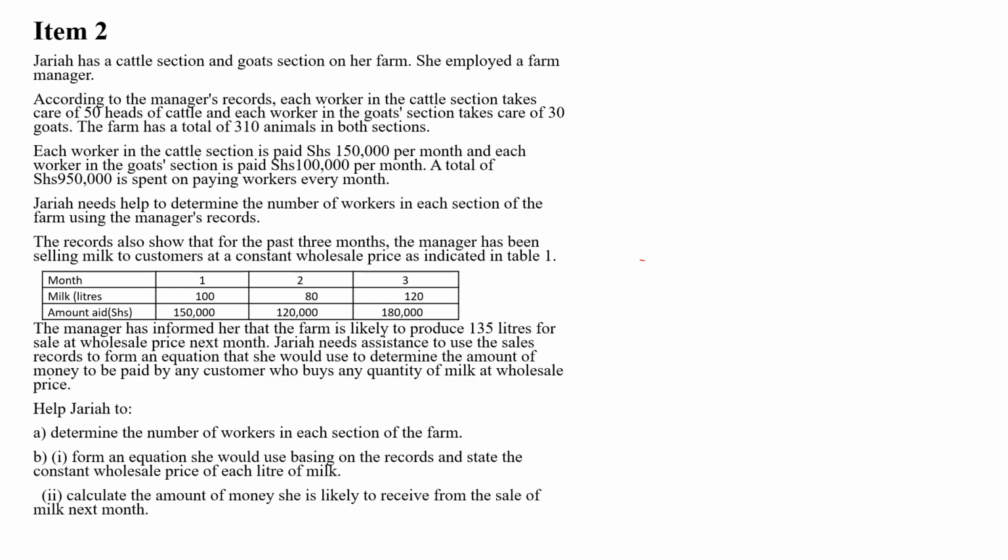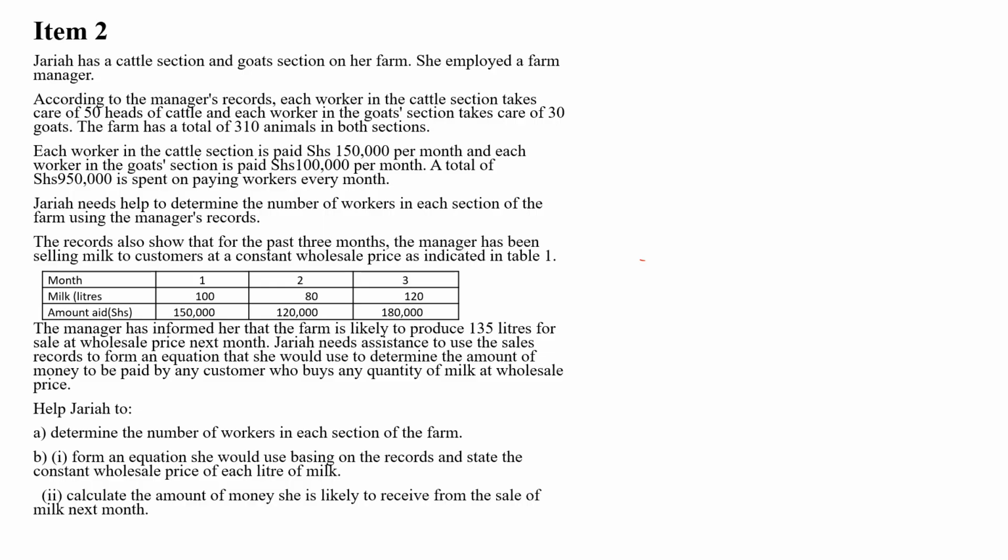And the records also show that for the past 3 months, the manager has been selling milk to customers at a constant wholesale price indicated in the table. Here the second row represents the quantity of milk in liters, and the third row represents the amount of money got from sales.